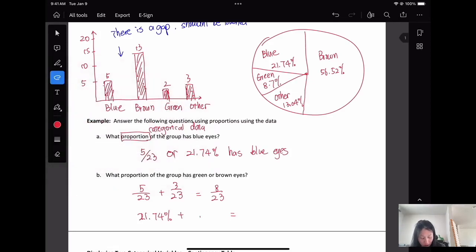Oh, brown eyes, not others. Sorry, I was wrong about that. It's brown eyes, so it should be 13 people out of 23, and with the 2 green, this is 15 out of 23. Or we can use percentages: green eyes is 8.7% and brown eyes is 56.52%, so totally combined is 65.22%.